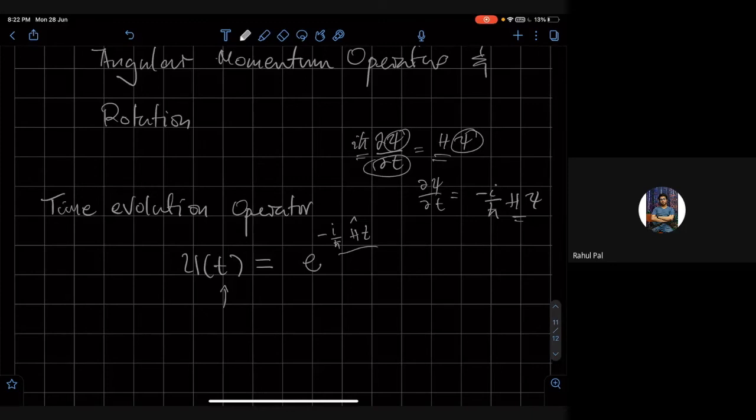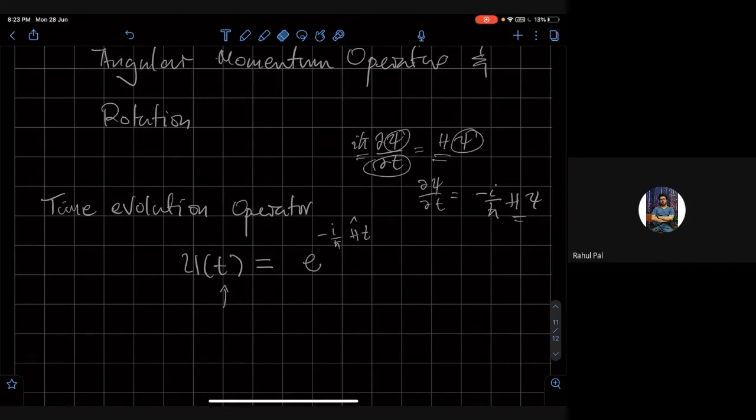Always think in terms of dimensions. Dimensional analysis is the physicist's best friend. A lot of times you can just guess answers by dimensional analysis, up to factors of 2 and pi. So this is the time evolution operator.